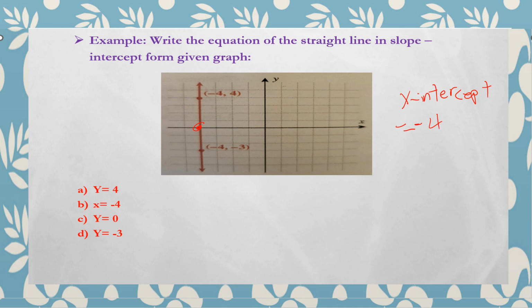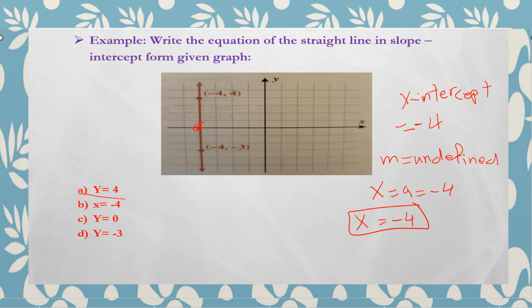And as the line is vertical, the slope m is undefined, and the equation of the straight line is x equals a, which equals -4. So the equation of the straight line is x equals -4, and the correct answer is B.